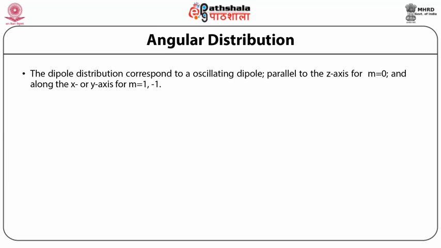The dipole distribution corresponds to an oscillating dipole parallel to the z-axis for m equals 0, and along the x or y axis for m equals plus or minus 1.